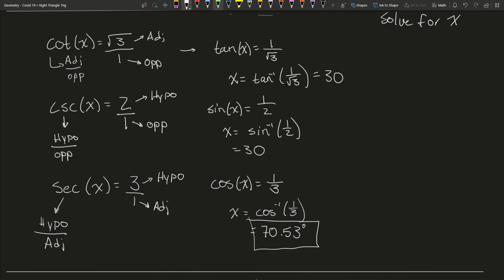So on this first problem, cotangent tells us that we have the adjacent over the opposite, which means that we can rewrite this in terms of tangent, which is opposite over adjacent. So when we flip this fraction, we get this fraction.